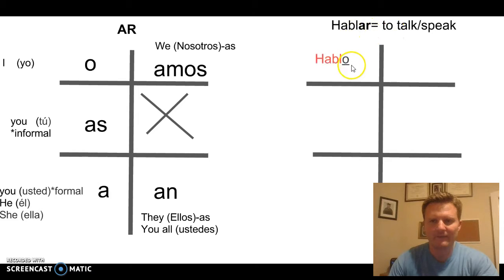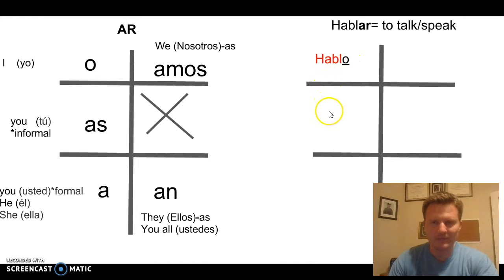And you're basically left with that HABL, which we call the stem of the verb. And then, if you look over at this side, these will line up. You're going to add an O ending. And so you would get hablo, which means I talk or speak.